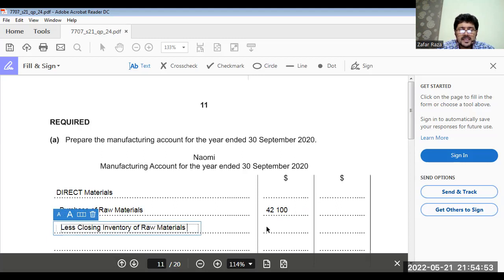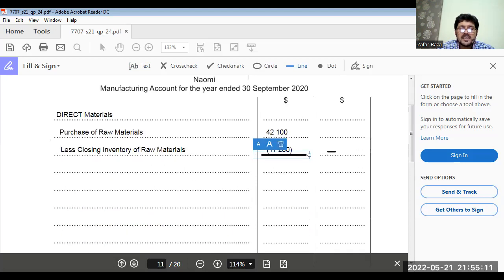Make a practice: all deductive amounts should be recorded in brackets so you remember while computing the amount. So direct materials, how much do we have now? 42,100 minus 11,200. The answer is 30,900 direct materials. And now next is direct labor.